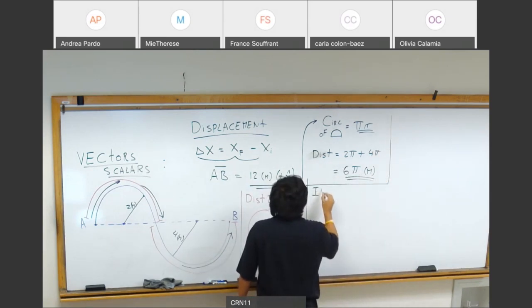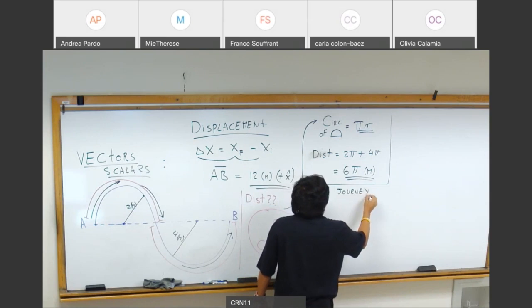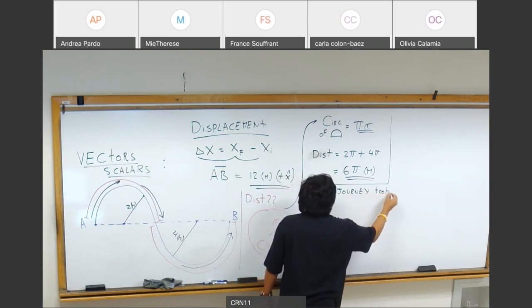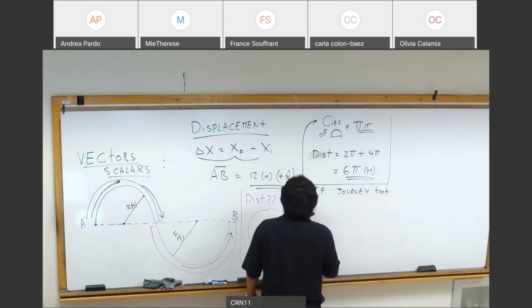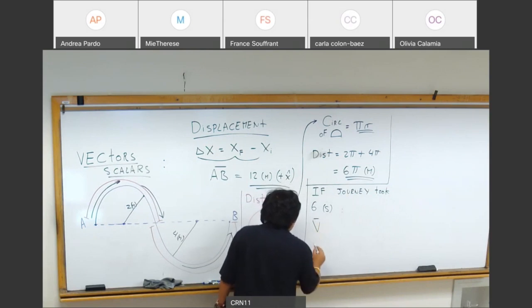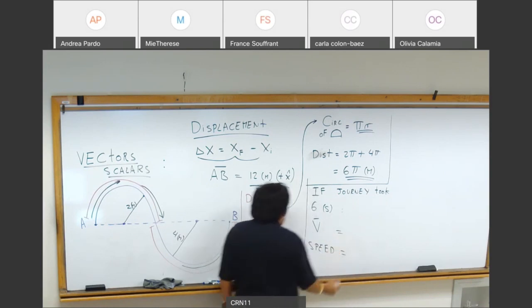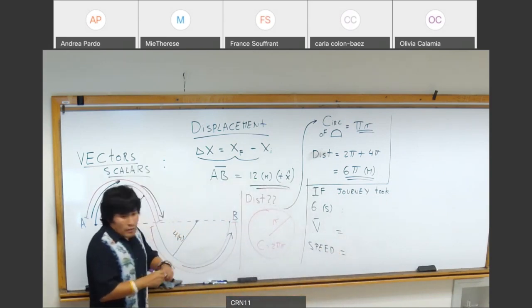If the journey took 6 seconds, what is the velocity and what's the speed? So we need our definitions.